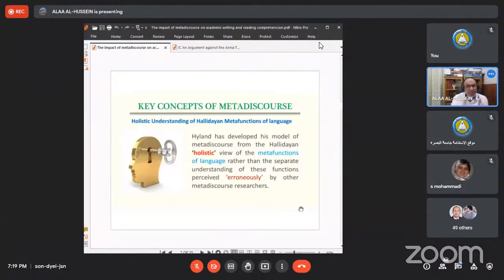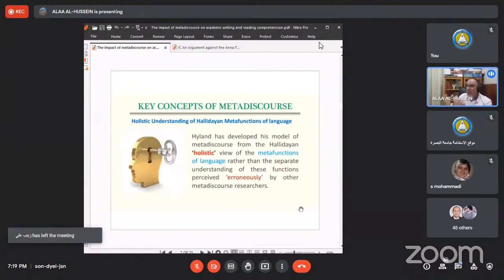These three meta functions work together, complement each other to give you the message. We should not separate them, as what has been already done by meta-discourse researchers before Hyland. They understood that textual is separate from interpersonal and interpersonal is separate from ideational.